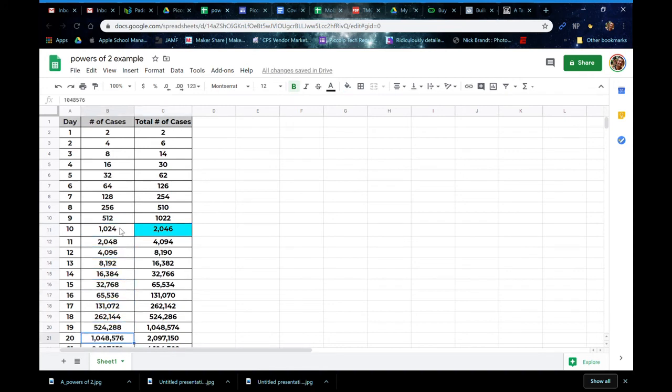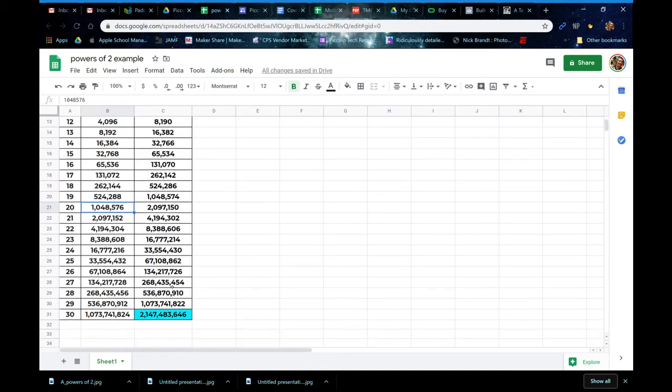By the 20th day, you have over 1 million cases just on that one day. Then, if you keep doubling, by day 30, you have over 1 billion cases on just the 30th day, which is insane because that's about 1/7 of the entire world population.